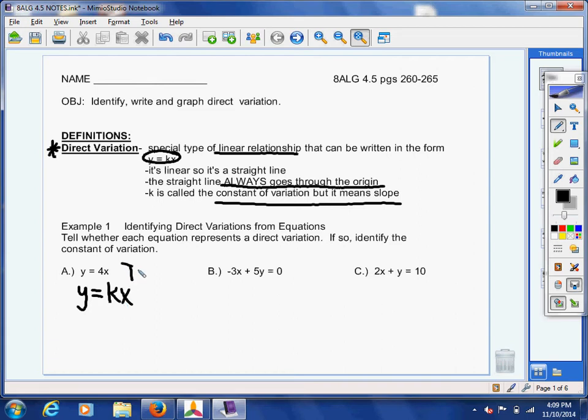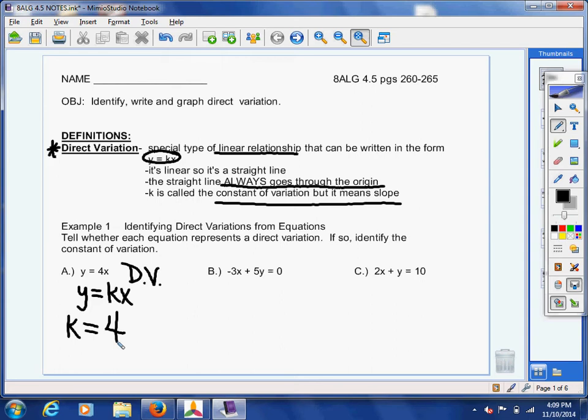This is a direct variation. DV means direct variation. Looking at the equation, can you tell what k is equal to? If you are thinking 4, you are exactly correct. So, good job. When it's already solved for y, see if it's in the format y equals kx.